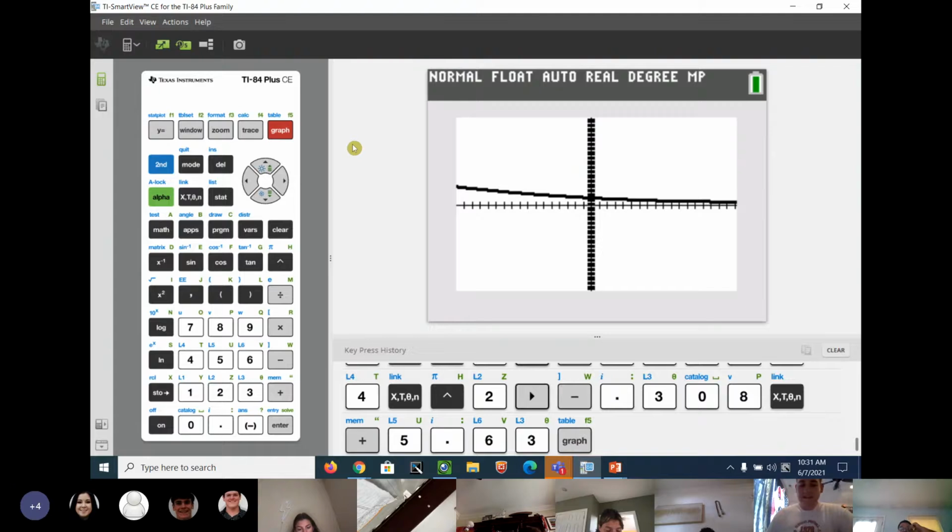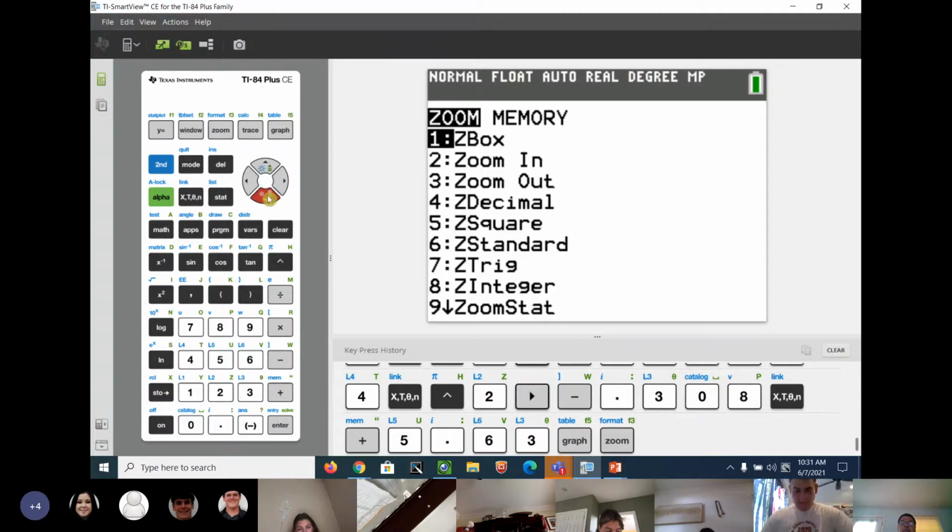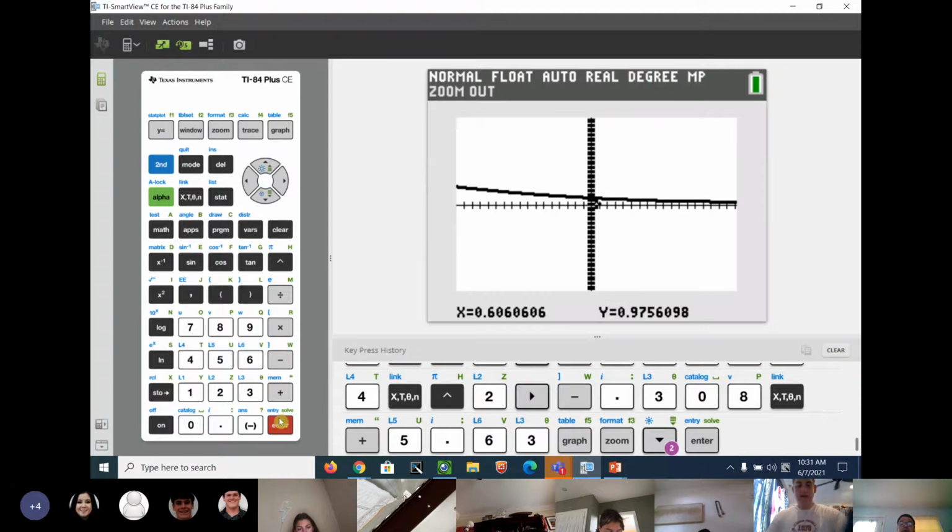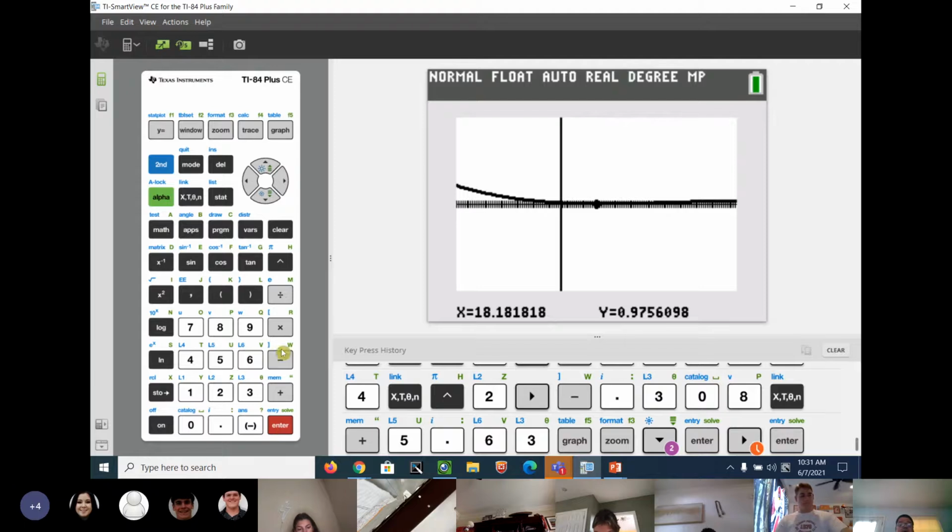And of course, you can't see hardly anything, so we're going to zoom out a little bit. And you can use the window if you want to. I don't like using the window. I like using zoom out so I can see what it looks like. And I'm going to zoom out again.